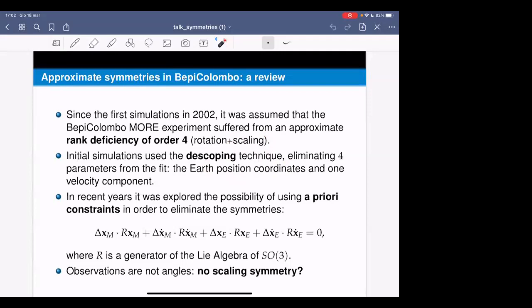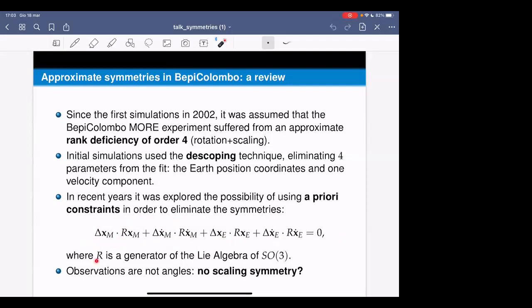In recent years, we explored the possibility of using a priori constraints in order to eliminate the symmetries. As far as the rotation symmetry is concerned, we implemented this constraint between the positions and velocities of Mercury and the Earth, which was aimed at blocking the rotations around the solar system barycenter.